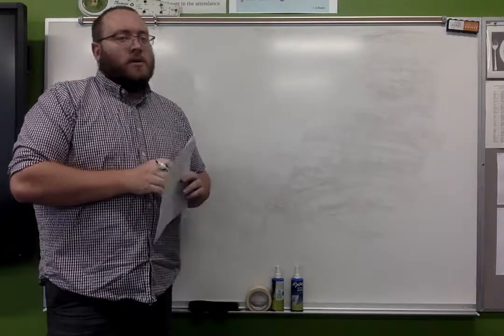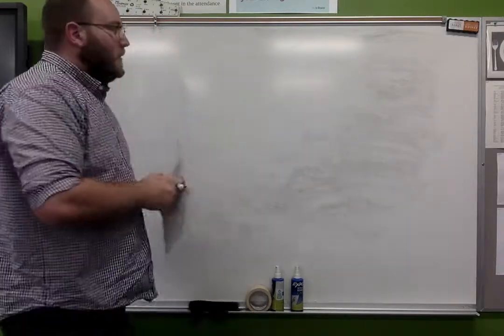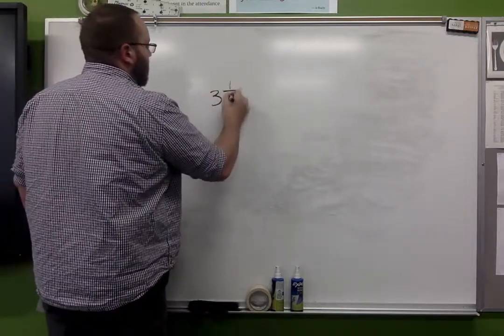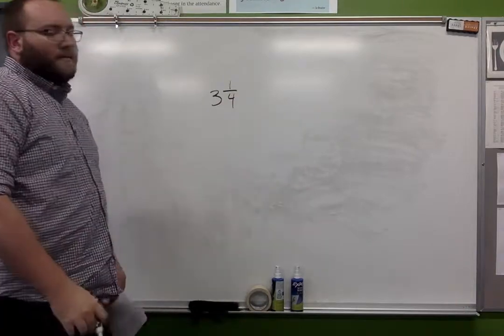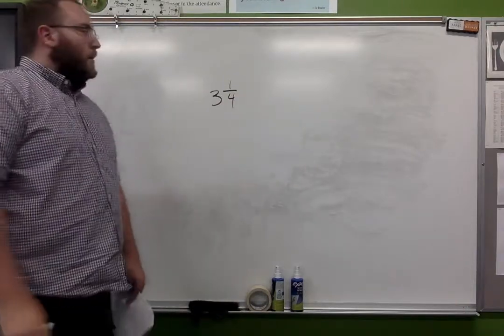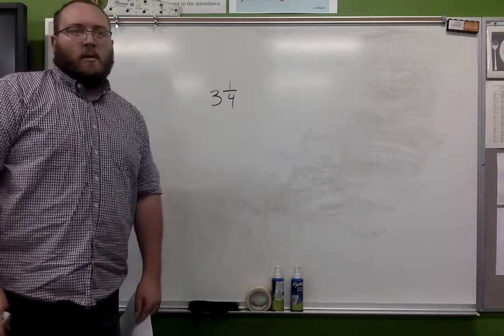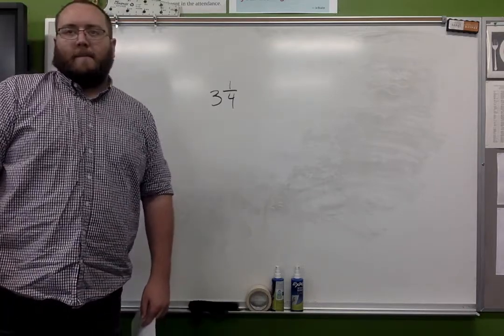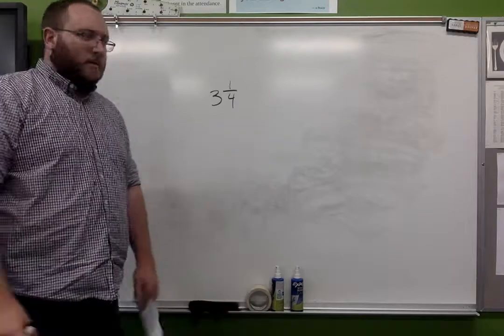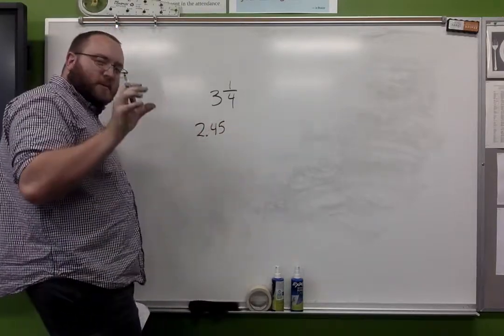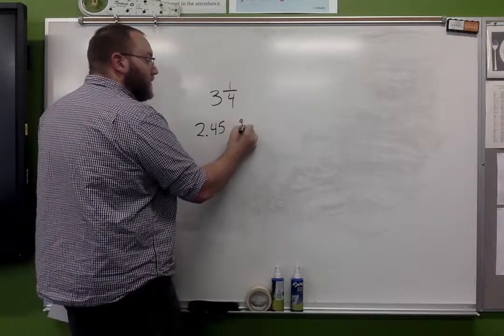In my class, no mixed numbers. Okay, we're not in elementary school anymore. We don't use mixed numbers. Okay, 3 1/4. No. The only place in life that I've ever seen mixed numbers is in a recipe or at a gas station. Gas stations, they'll have it's $2.45, and then really small off to the side, they'll say, and 9/10 of a cent.